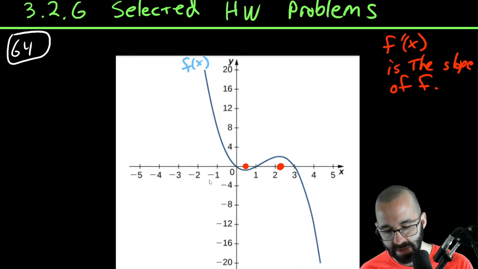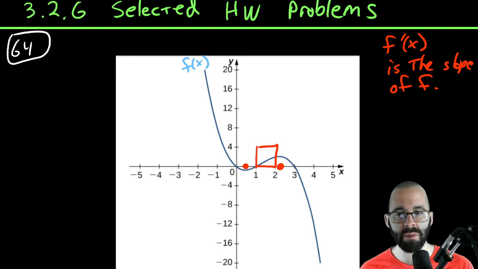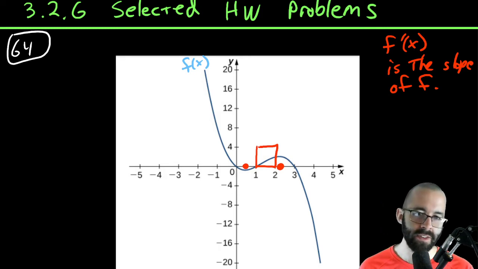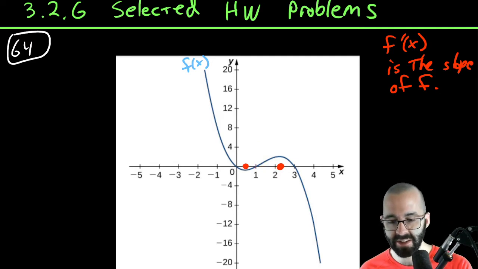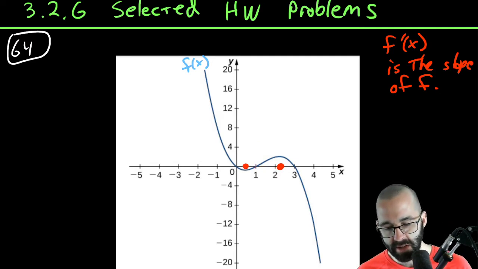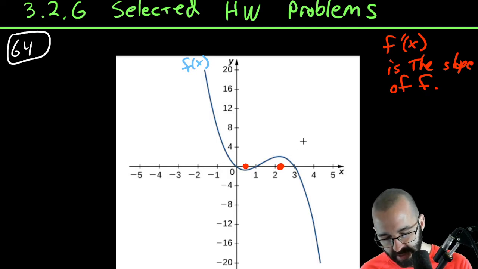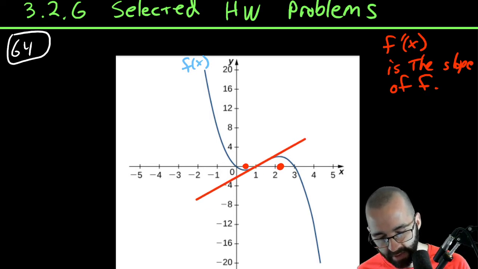So we can just do some estimates. It's a little hard because this box is 1 by 4. This box goes right 1 unit, but up 4 units. So it's a little hard to estimate the slope. But let's do it. Let's estimate the slope right here.